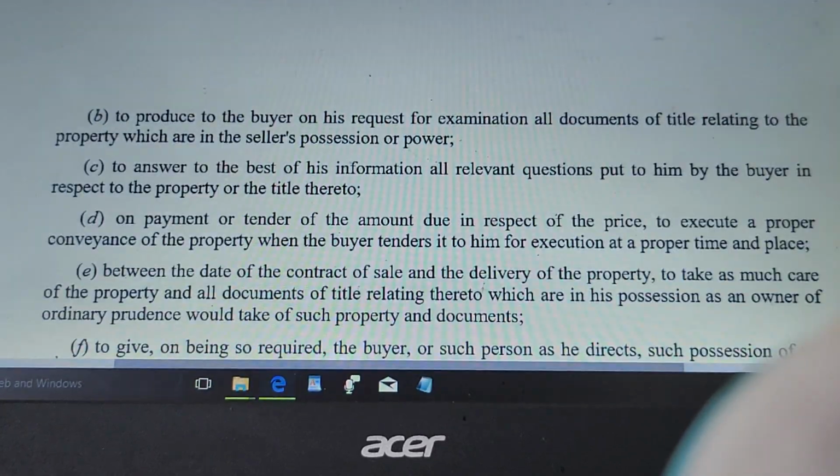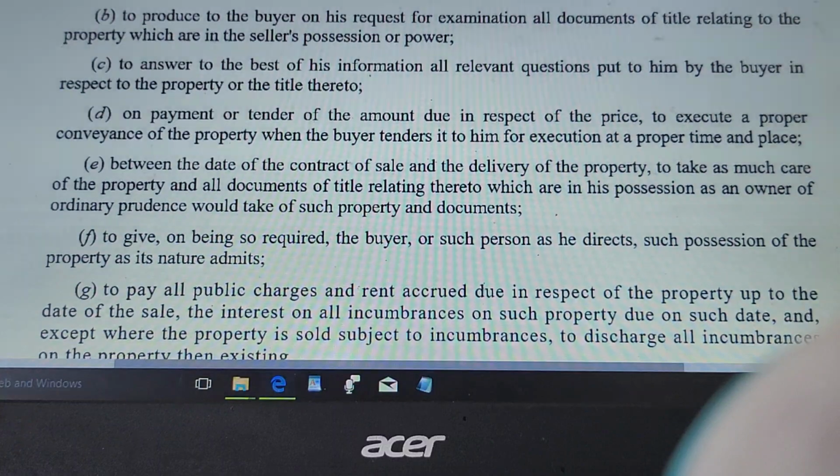B, to produce to the buyer on his request for examination all documents of title relating to the property which are in the seller's possession or power. C, to answer to the best of his information all relevant questions put to him by the buyer in respect to the property or the title thereto.